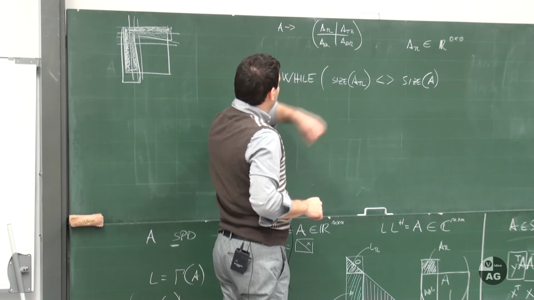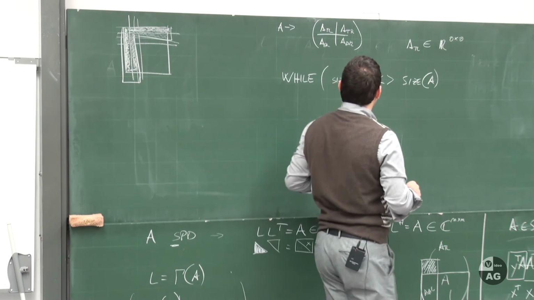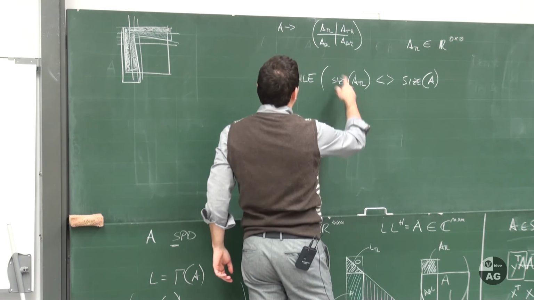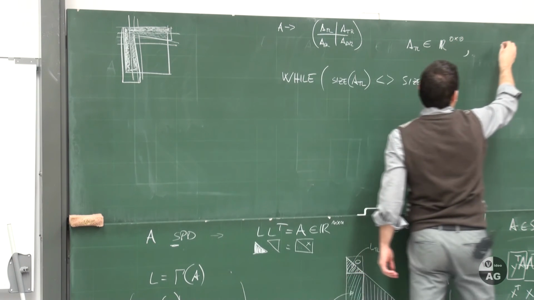We can say that until A bottom right is not equal to 0, it's easy. What I'm doing here is I should have something for the matrix L as well.